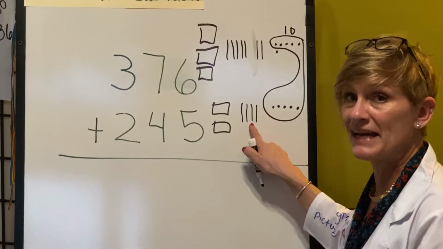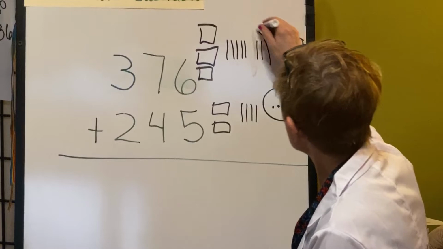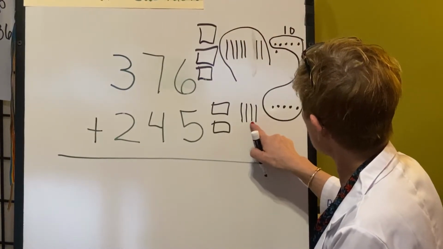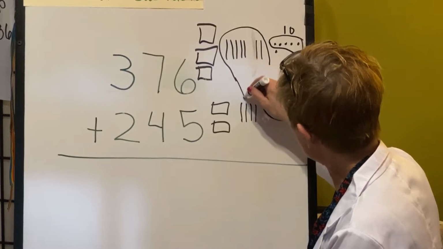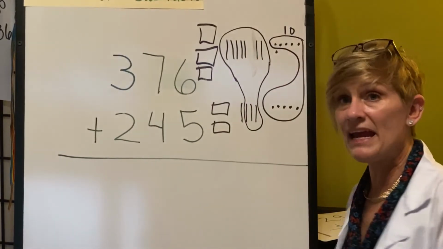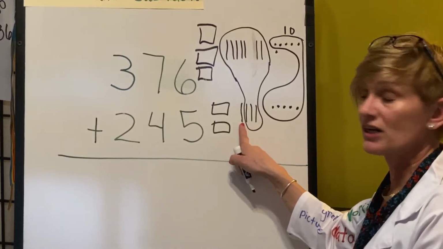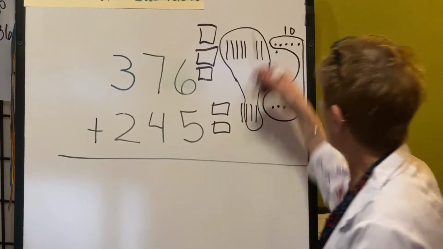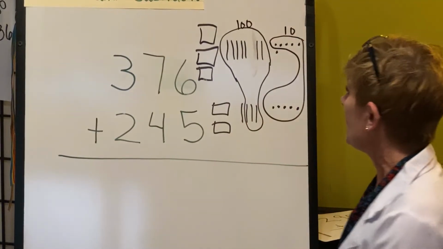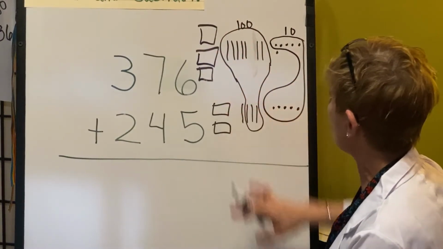Friends, I made a 100 with my 10s. I'm going to take these 7 10s and these 3 10s. I made a 100. I still have an extra 10 right here. I'm going to put 100 there so I don't forget. And then I have 300, 400, 500.